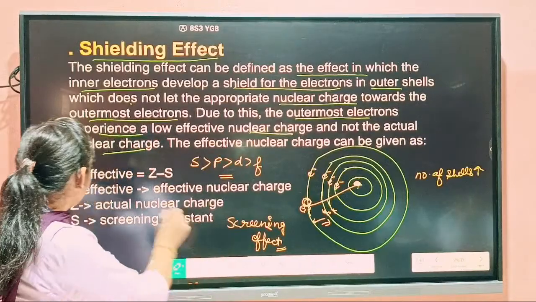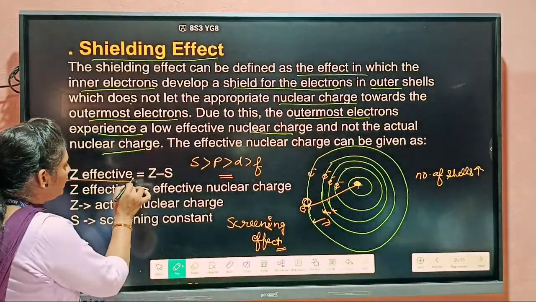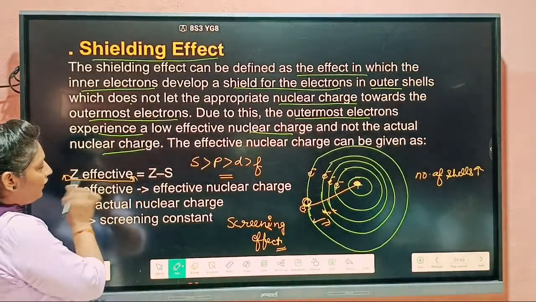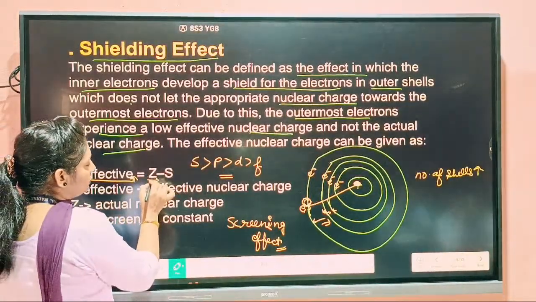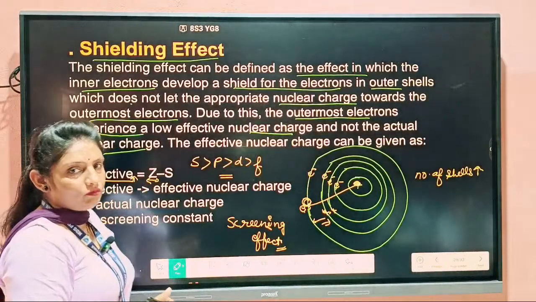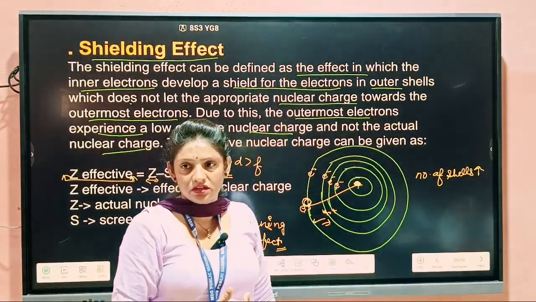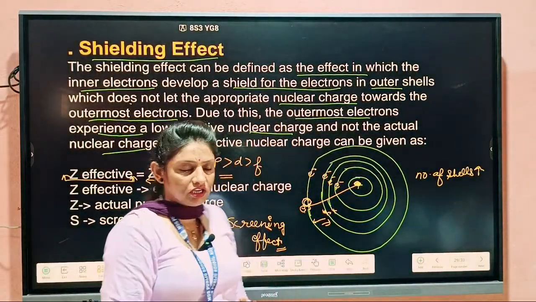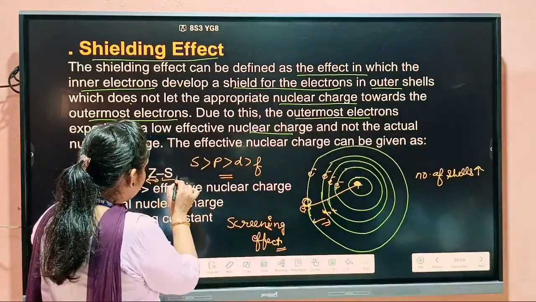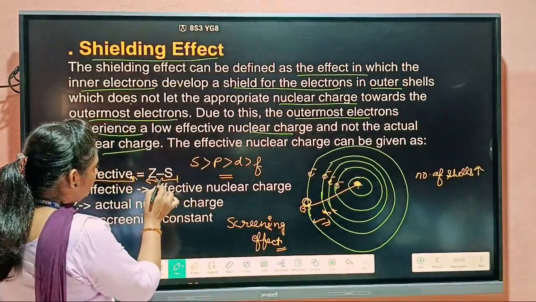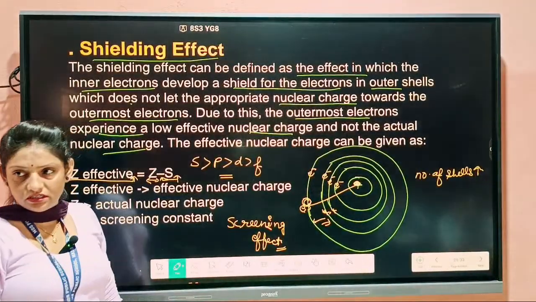So here, Z effective is equal to Z minus S. Z means the actual nuclear charge, and S means the screening constant or shielding constant.